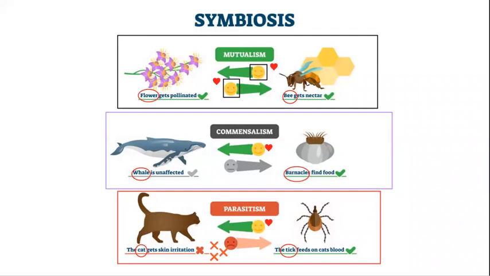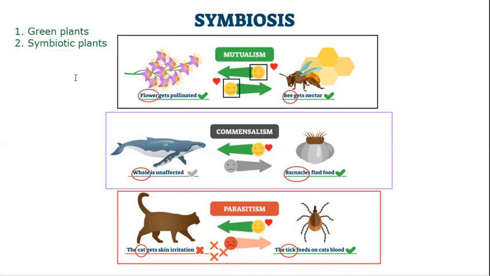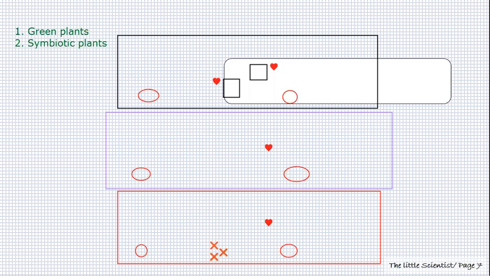So we have one, green plants. Let me write them right here. Green plants are producers that produce their own food. Second, we have symbiotic plants, plants that build relationships with other organisms. And now we'll talk about the last type, the last pattern of nutrition in plants.